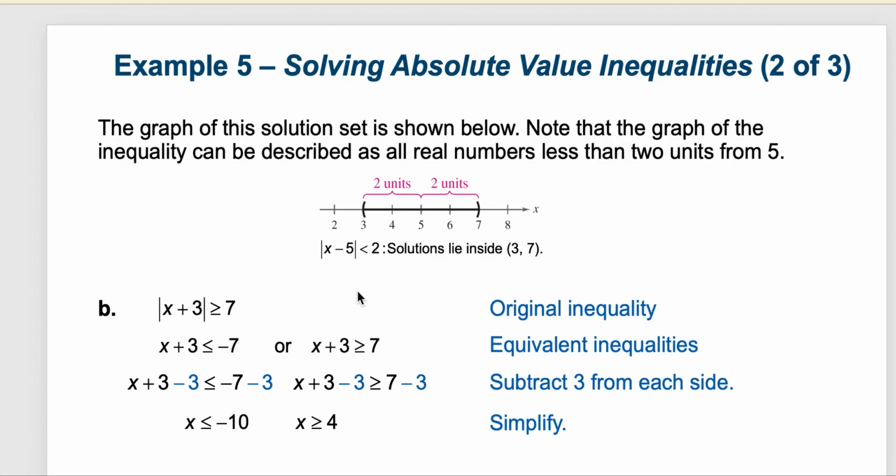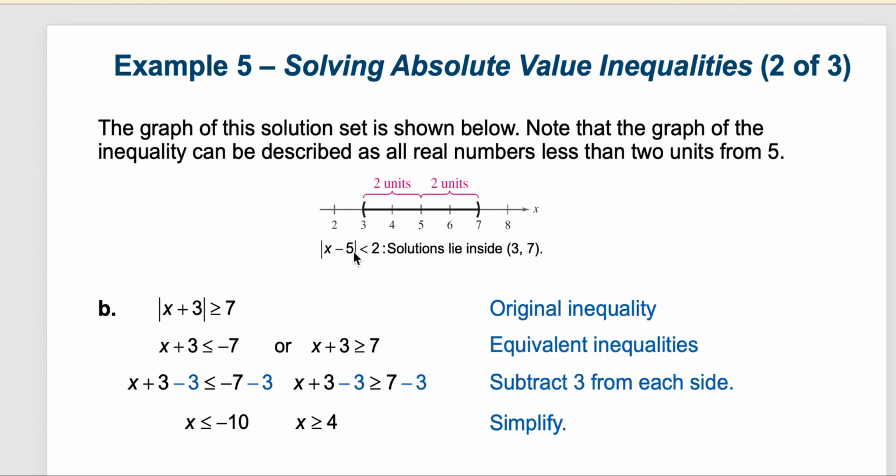So let's see, how can we graph the solution set? To graph the solution set below, this is how we do it. Again, our solution was 3 to 7, right? So this is our solution set.